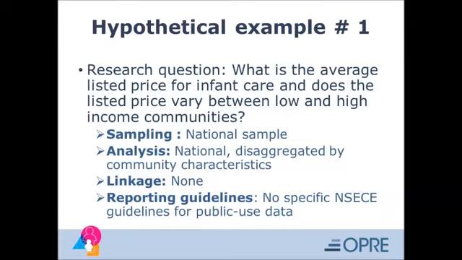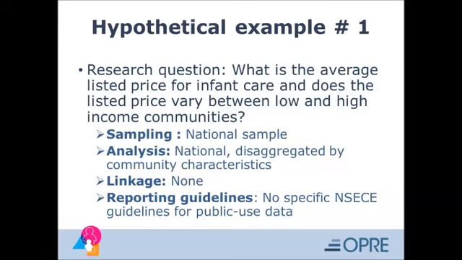So we've taken highly restricted, very confidential data, we've linked it already to census data for you, but what you have in the data file is just a variable that says this is a high, medium, or low poverty community. So you are able to do a geographically based analysis in which you're distinguishing geographies with high and low incomes, but you can do so using the full data file.